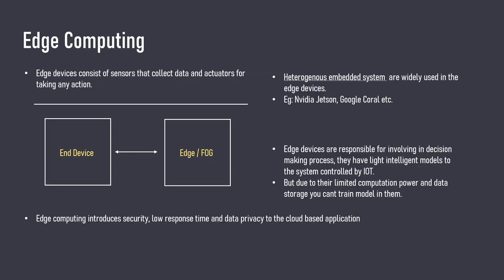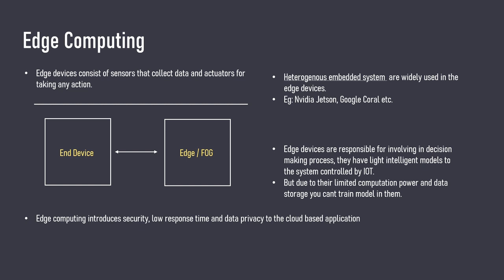So this is where the whole concept of edge computing comes in. Your edge devices, I mean your end devices, are connected with sensors and actuators. Your actuators help you take some action against the environment, whereas your sensor senses something from the environment.